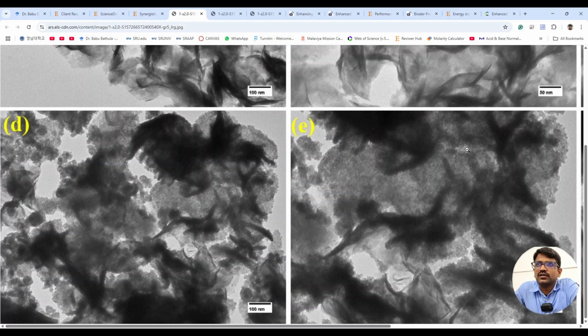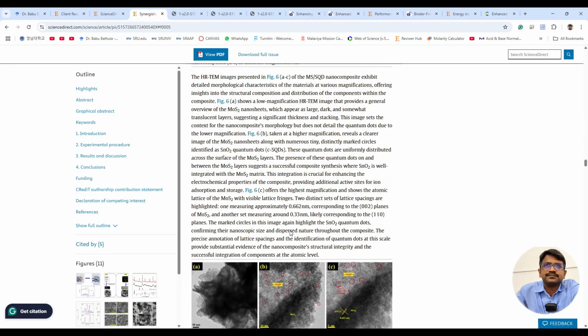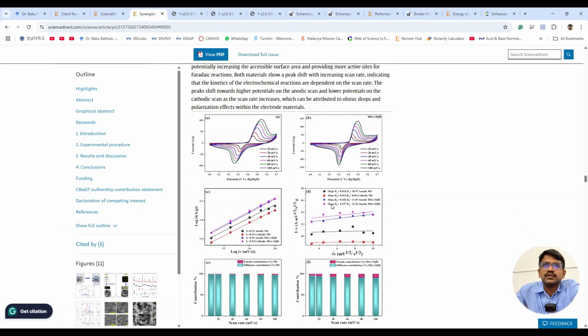These agglomerated clouds are all SnO2 quantum dots. The very dark region is the MoS2 layers, and these are all SnO2 quantum dots.